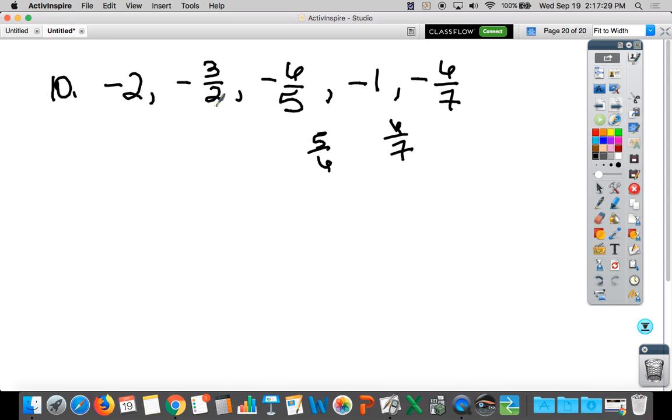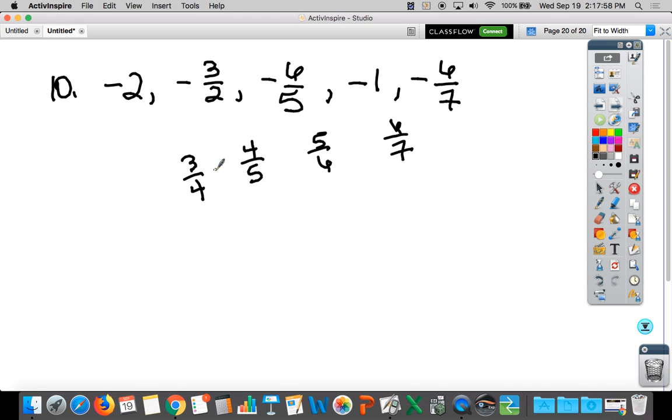Do it all the way to the end. Negative 3 halves divided by negative 2. Do you see the pattern? What's happening to the numerator? And then the denominator going up.